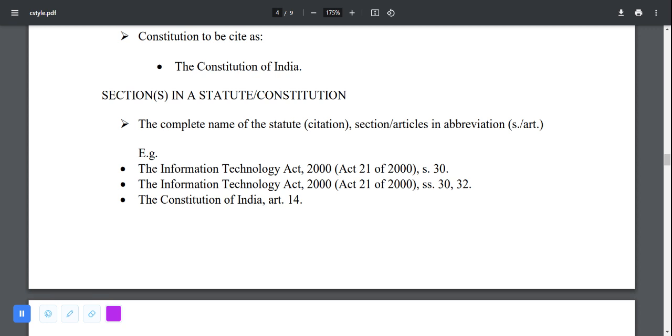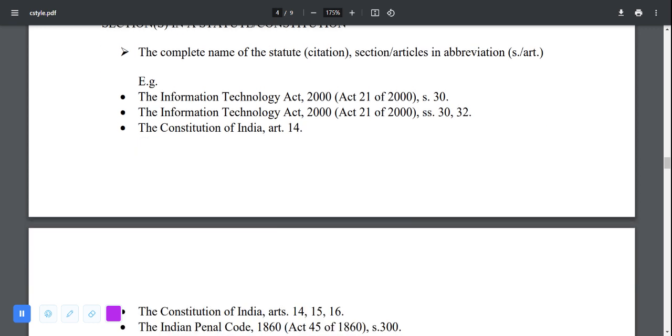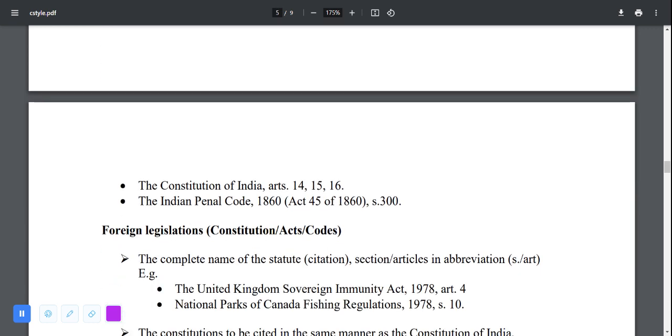And further, if you are quoting any information from an article of the Constitution, then you can write Constitution of India, comma, art. meaning article 14. Got this information? Good.